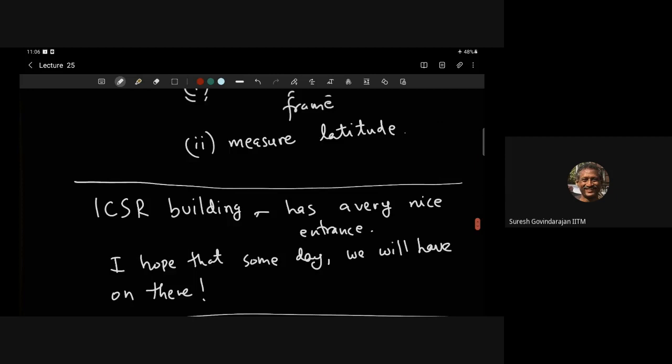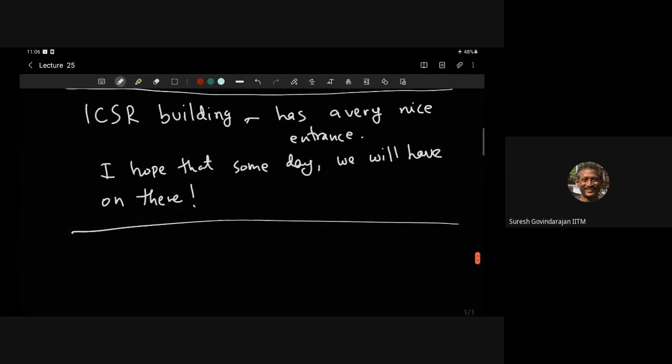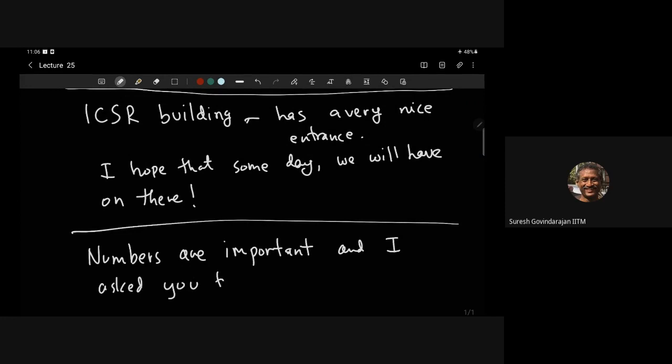Numbers are important, and I asked you to compute some in the next problem set.